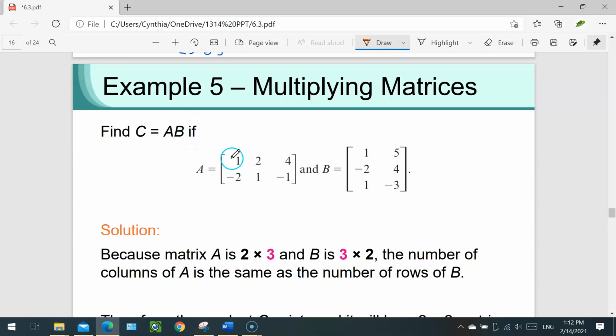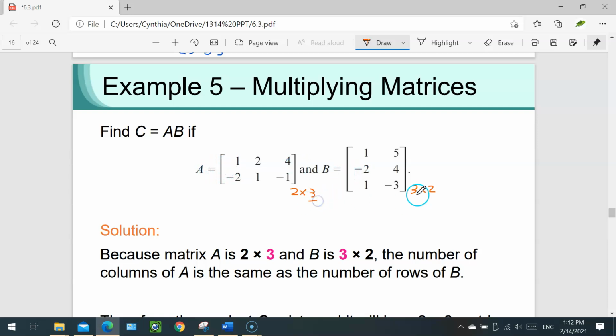Matrix A has 2 rows, 3 columns, so we go with 2 by 3. Matrix B has 3 rows, 2 columns, so the size of matrix B is 3 by 2. Can I multiply A and B?